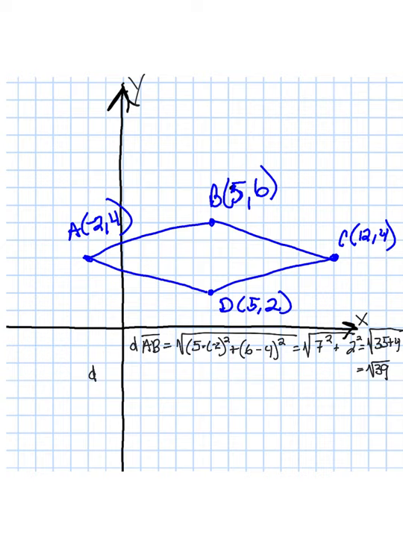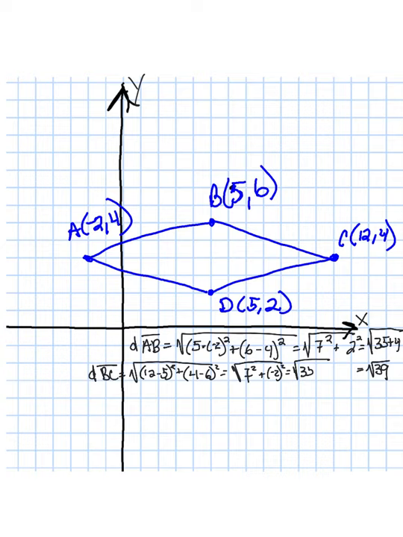Now when we're finding the distance of BC, again, same thing, we're going to start with finding the difference between our x values, so 12 minus 5 squared, plus the difference between our y values, so 4 minus 6 squared. 12 minus 5 gives us 7, so that's 7 squared. 4 minus 6 gives us negative 2, so that's negative 2 squared.